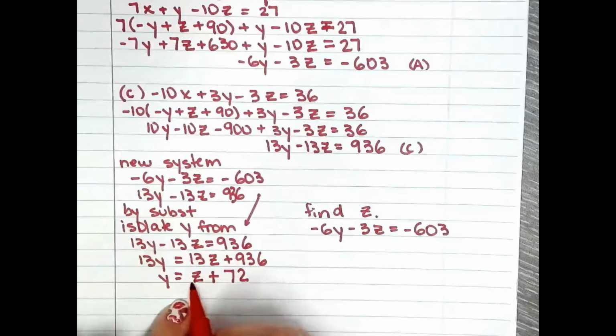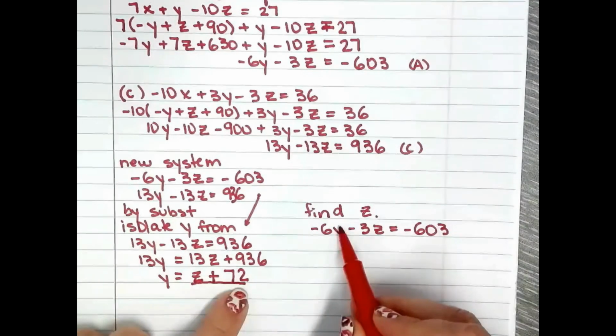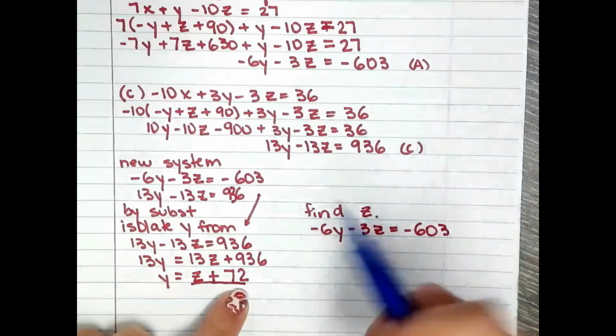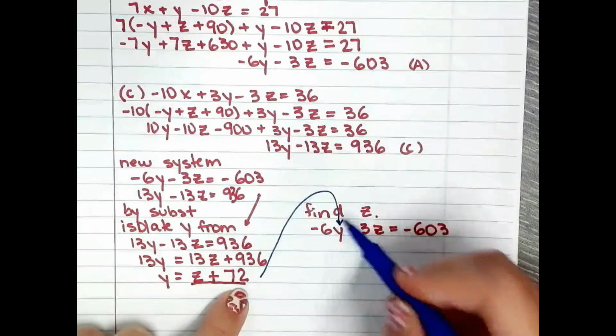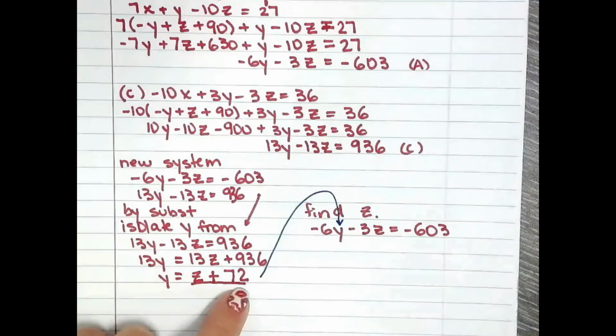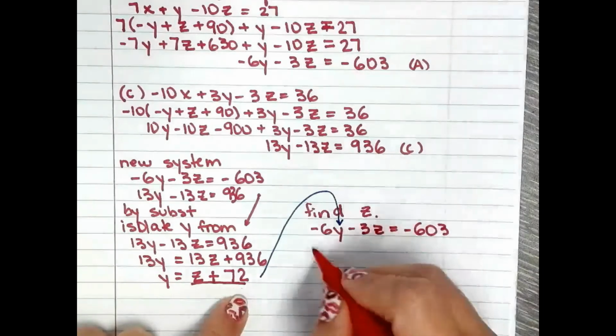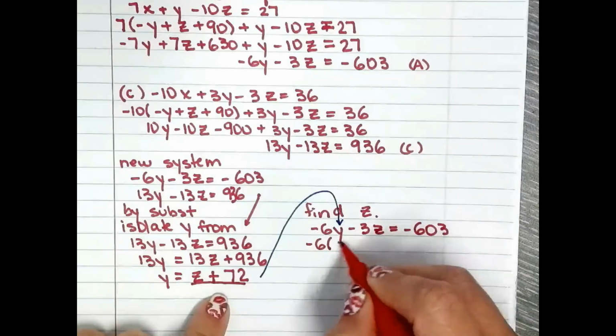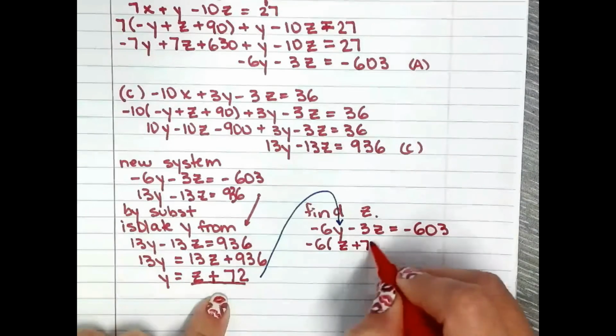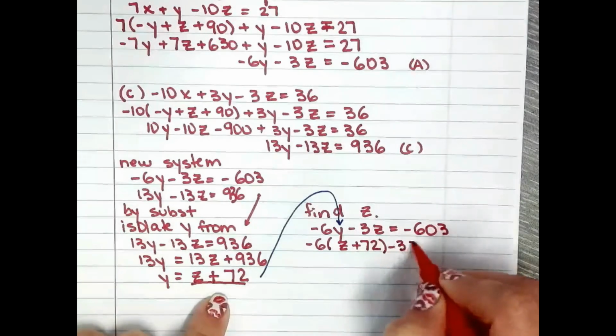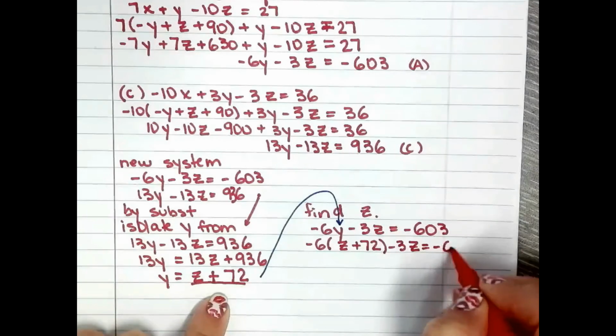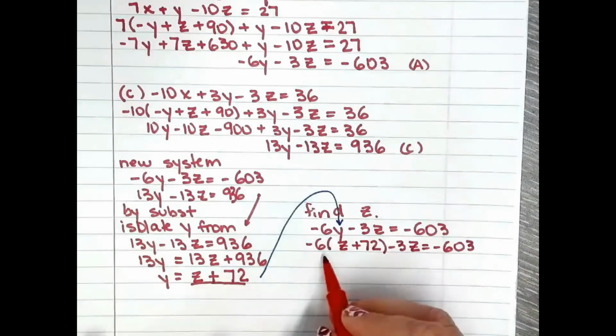You're going to substitute this whole thing right there for this y. Distribute negative 6.